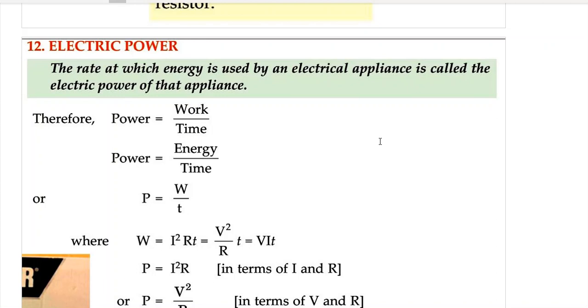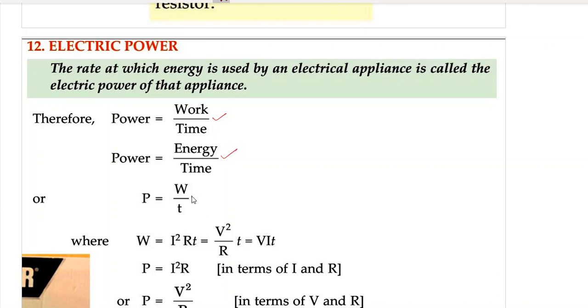Electric power. The rate at which energy is used by an electrical appliance is called the electrical power of that appliance. Now remember, in class 9, you have already studied about work, energy and power. Power is the rate at which work is done, work upon time. Energy is the capacity to do work, so power can also be written as energy upon time.